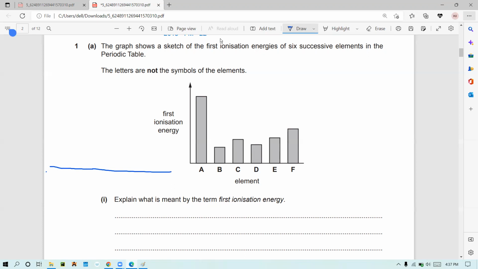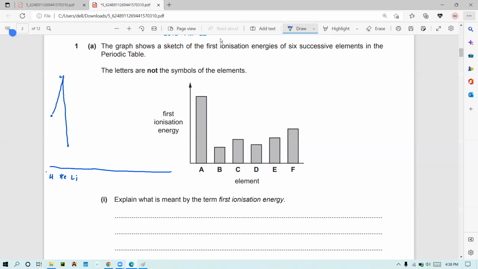a specific pattern. If you start from hydrogen, hydrogen's first ionization energy is a little bit high. Helium is very much higher. When you go from helium to lithium, this first ionization energy comes down to a lesser value.